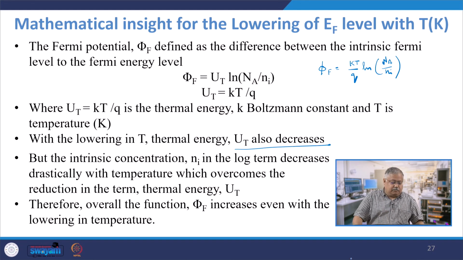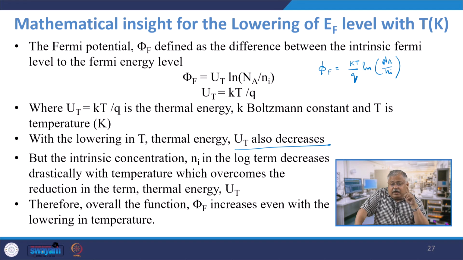But please understand one important point here. The intrinsic carrier concentration, which you had found out in my earlier lecture, right, decreases drastically with temperature. So, let me go one by one and explain to you. The relative distance between the Fermi level and the conduction band gives you an idea about the number of charge carriers.